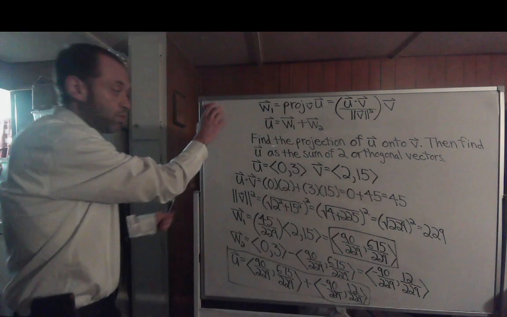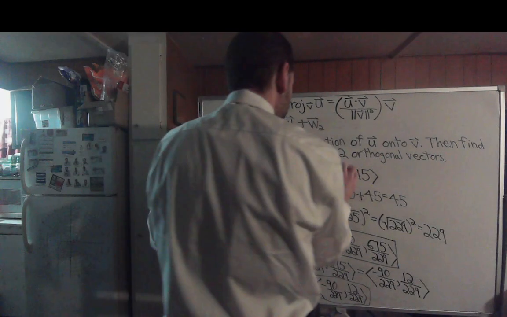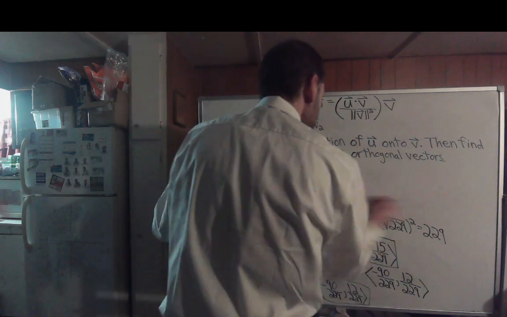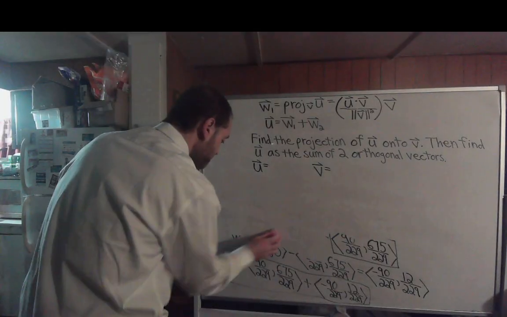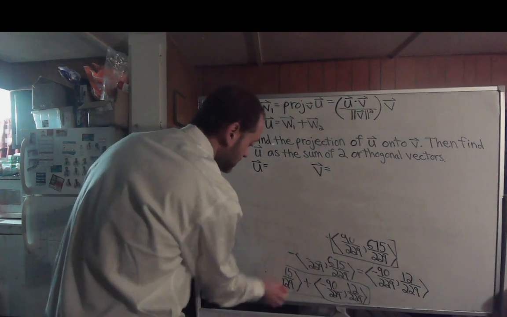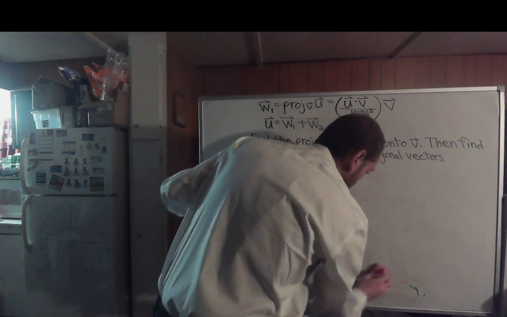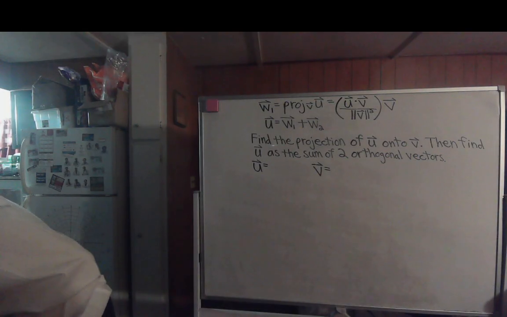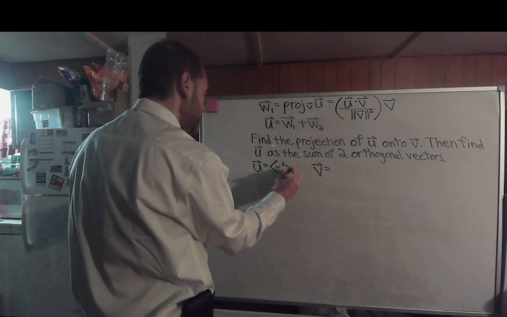Alright, so I got one more problem, then we're done. Let's see, vector u is -5, -1.